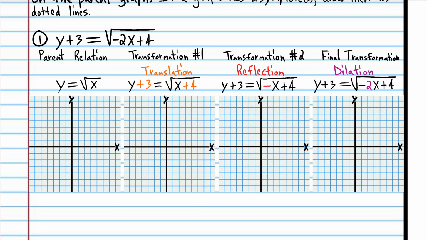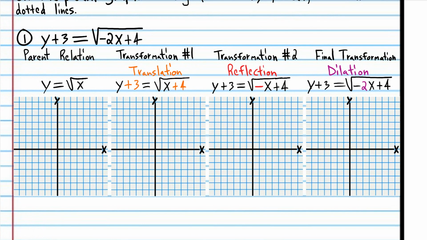Then we're going to transform again and again, and each step is going to demonstrate one transformation for a total of 3 until we get to the final graph, which is the graph of the equation that we're trying to plot. So that's the transformation method for graphing more complicated equations like this one up above.